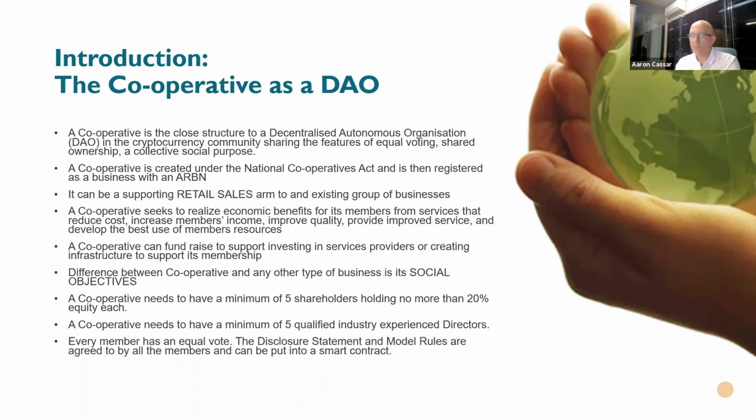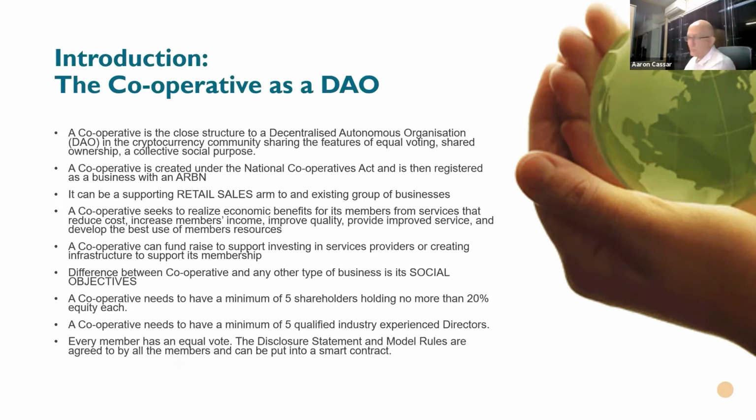So as a cooperative is created under the National Cooperatives Act, and it is a registered business, it has an ARBN, Australian Registered Business Number, and it is treated as a limited entity, which means it is open for audit, and audit reports must be published just like a publicly listed company or a private limited company. So a cooperative needs to have 5 shareholders as a minimum requirement, with each holding no more than 20%.